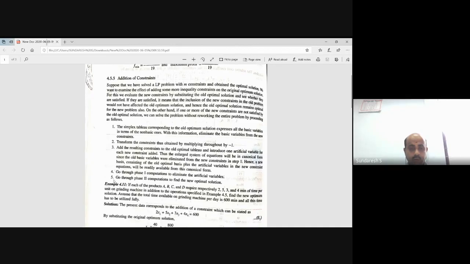Okay, the same problem we were solving in the previous classes, we're going to take it out, and we will discuss the addition of new constraints, how it is going to affect the optimal solution. So please make a note of this. This is the problem for adding a new constraint to the LP problem.